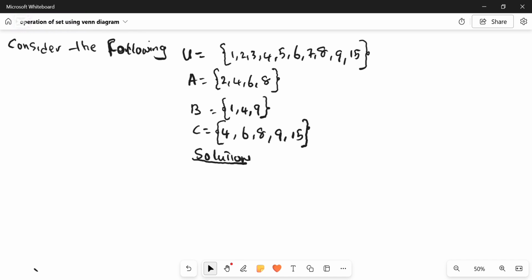Now, this universal set has subsets A, B, and C. So we're going to draw these subsets and look for the number of elements in A union B union C.